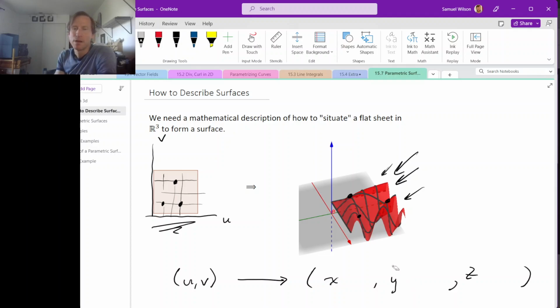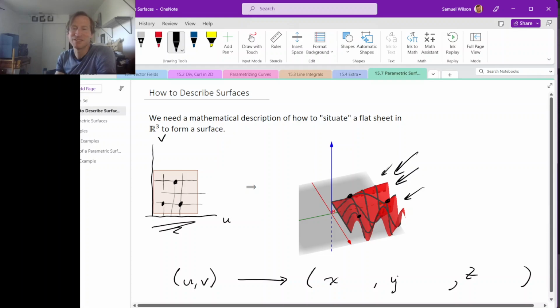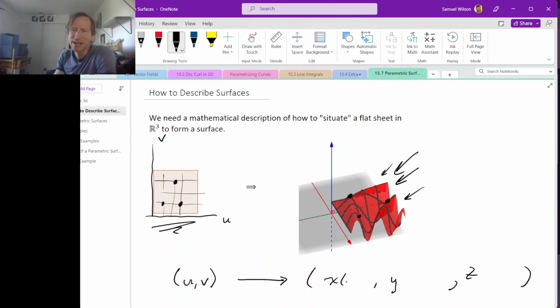Different u's and v's are going to give us different x, y's, and z's. So really, x, y, and z are all functions of u and v. What we have to do is write down 3 scalar valued functions, all of which are functions of both u and v.